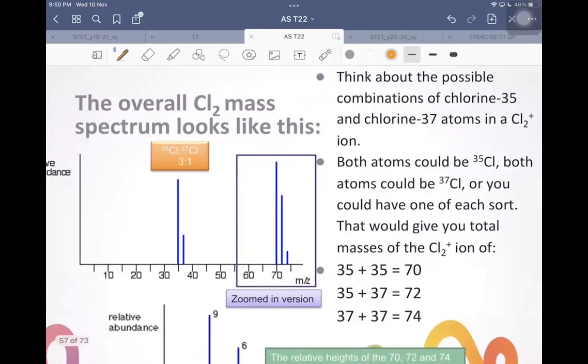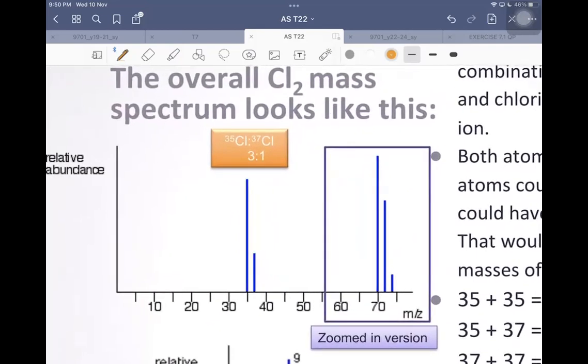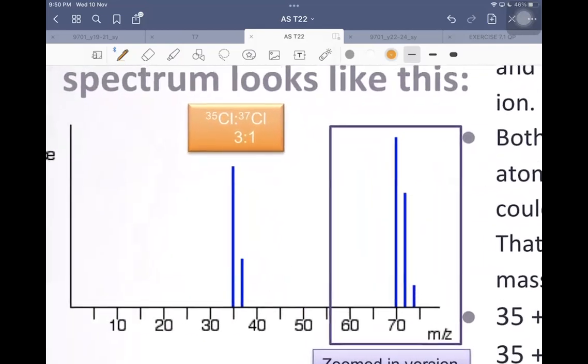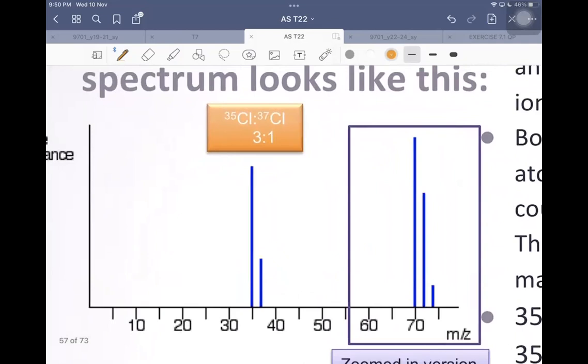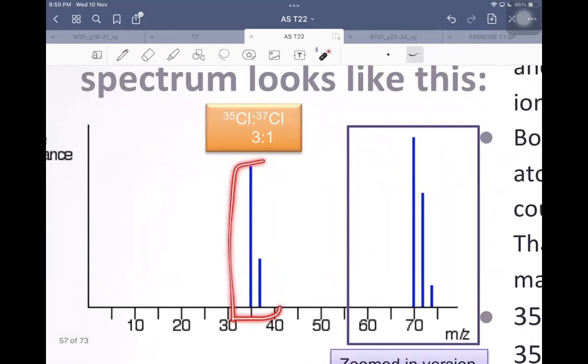Okay, so your chlorine spectrum actually looks like this. Let's talk about the easier peak first. That looks to me like a 3:1 ratio, and that should be a hint. The ratio 3:1 is for chlorine 35 to chlorine 37.